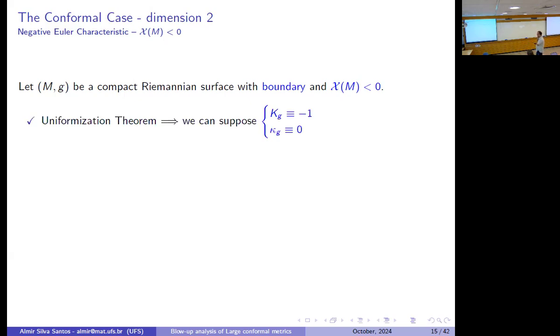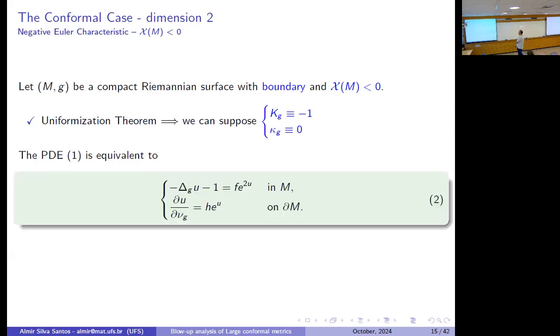By the uniformization theorem, we can suppose that the Gaussian curvature of g is -1 and the geodesic curvature of the boundary is equal to 0. This is a consequence of the uniformization theorem.